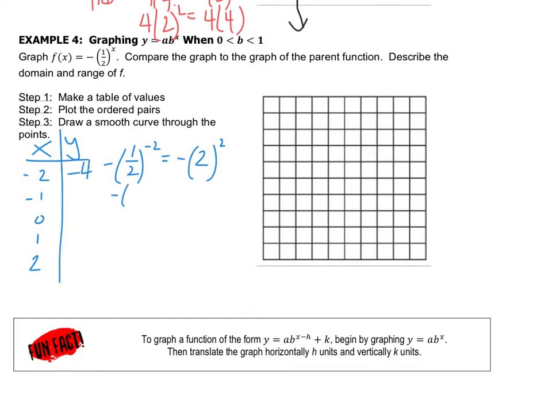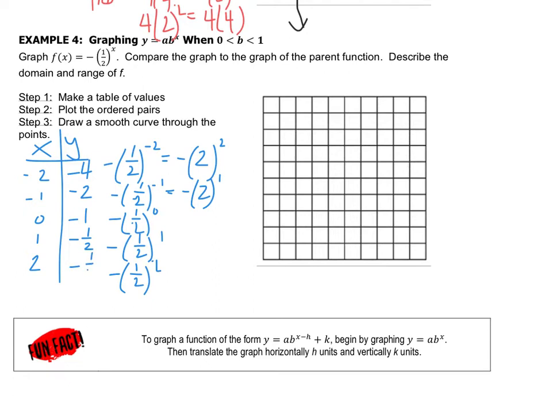Then if I plug in -1/2 to the -1, that's going to turn into, now it's a +1, -2. -1/2 to the 0 basically becomes -1. -1/2 to the +1 becomes -1/2, and -1/2 to the second power becomes -1/4.